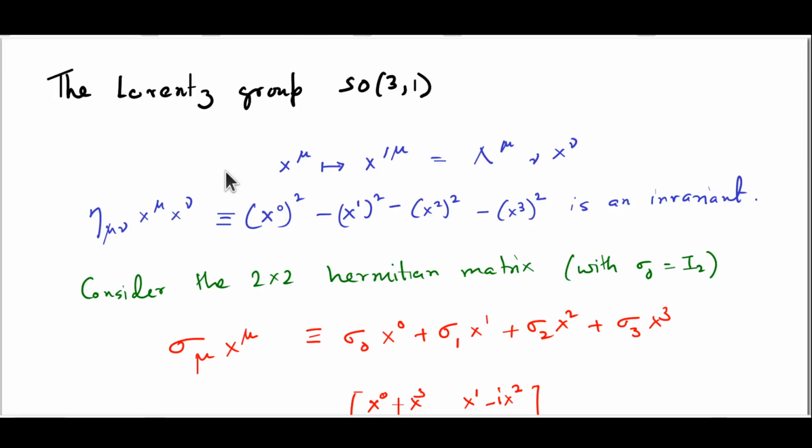The question that we have in front of us right now is, just like we could actually get an SO(3) transformation, a rotation of coordinates, by using a unitary 2x2 matrix via the U sigma dot R U inverse prescription, can we do something very similar for Lorentz transformations?